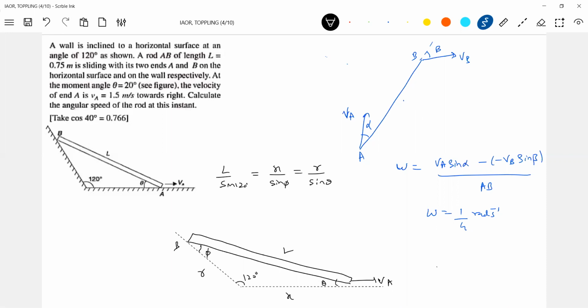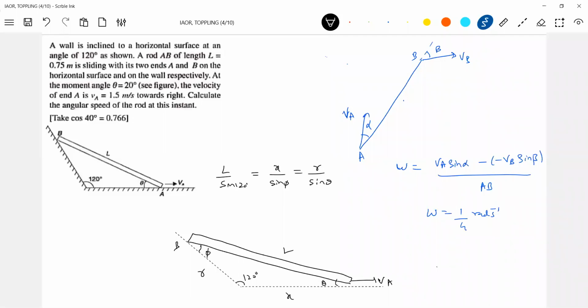So what information do we have? We know the length L. So we'll get a relation between x and sine phi. What is dx by dt here? What is VA? It is dx by dt only.